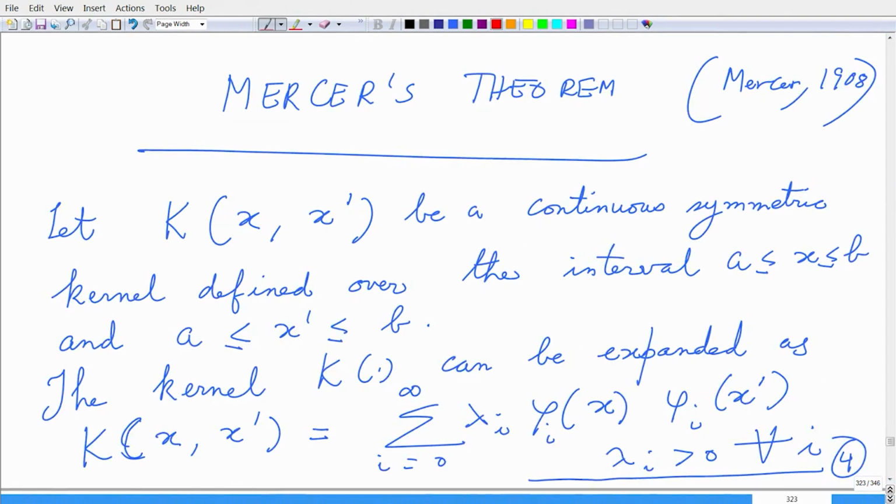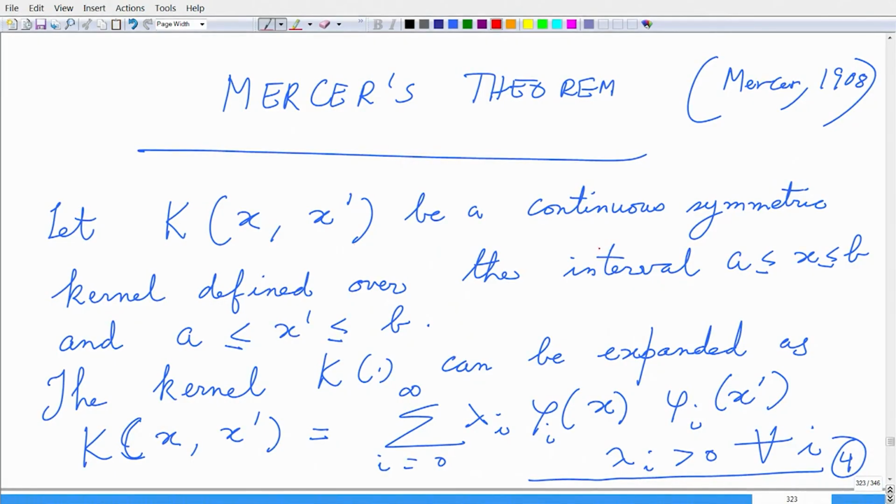So, with these tools we are now taking a slightly different route into Mercer's theorem, and this was a theorem that was established by Mercer in 1908, long back in the last century. I will discuss the statement of the theorem, some conditions there, and how that result is valid to what we are trying to establish here.